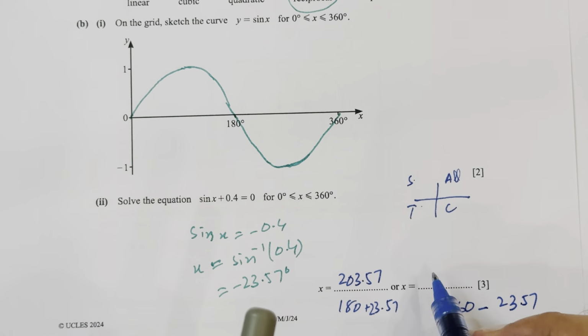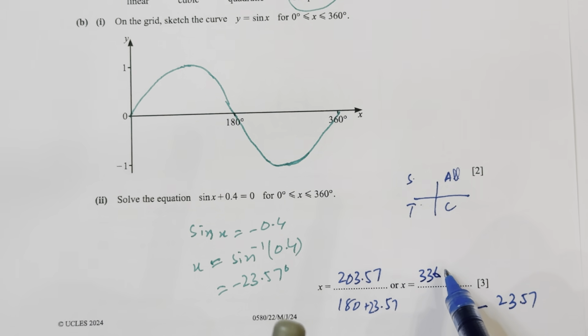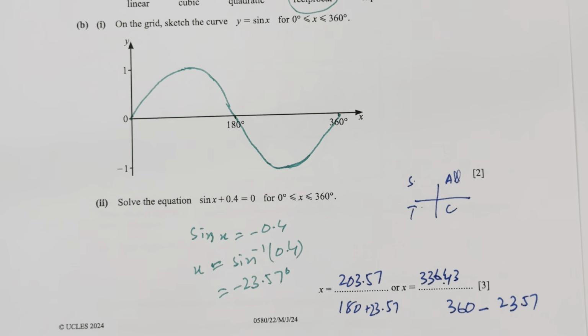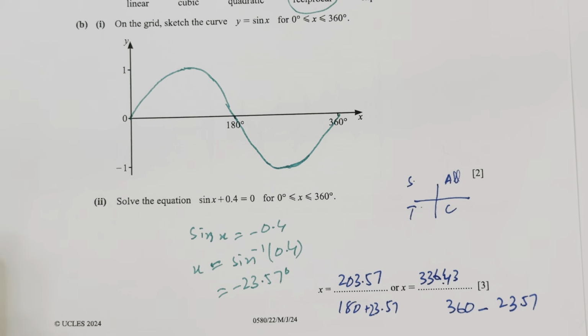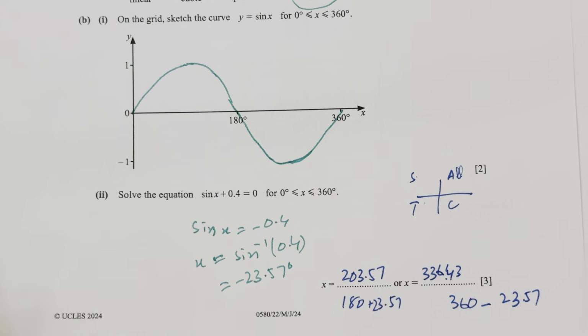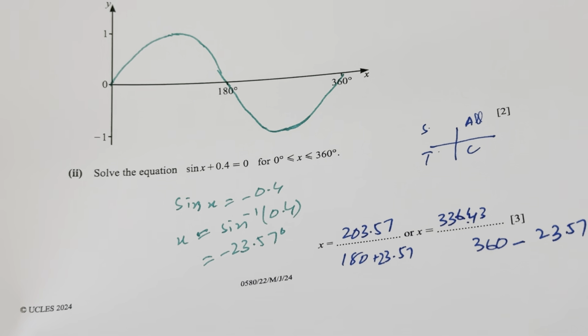You get the value that is equal to 336.43, you can say. So this was an easy question. You need to remember that sine is negative in the third and fourth quadrants.